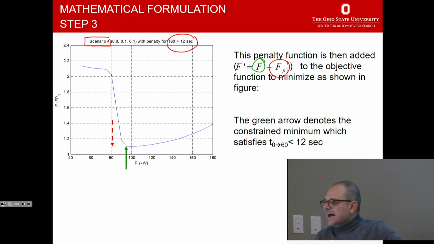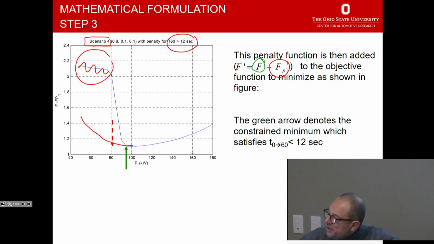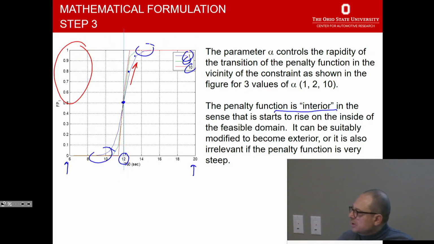So what's going to happen is because of that penalty, this area here, which in the unconstrained optimization looked something like this, now we have pushed it way up there. And what's going to happen now, let's go compare. This is telling me basically that I need maybe a 95 kilowatt engine to do that solution, because I'm going to penalize any solution in which the time from 0 to 60 is much greater than 12 seconds.